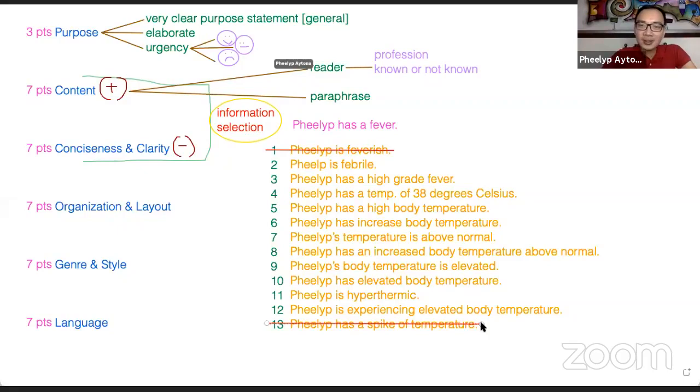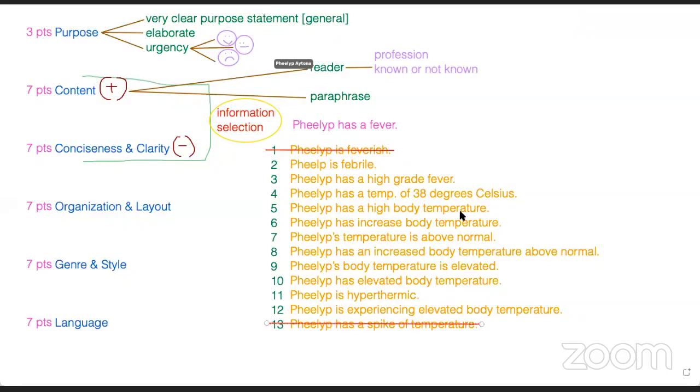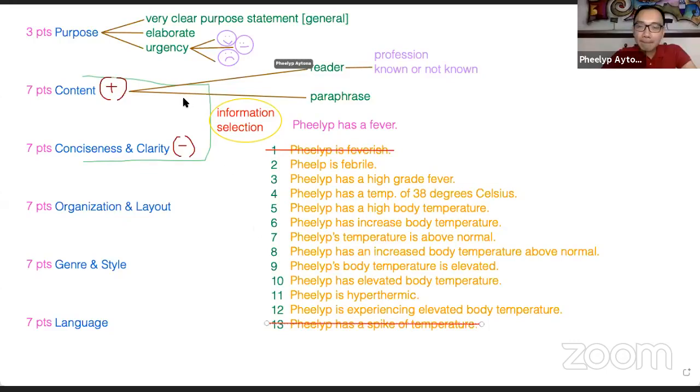Dehydration. Good. Philip has a fever. Are you sure what specific temperature he is?